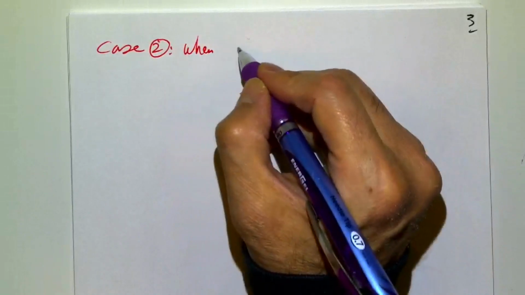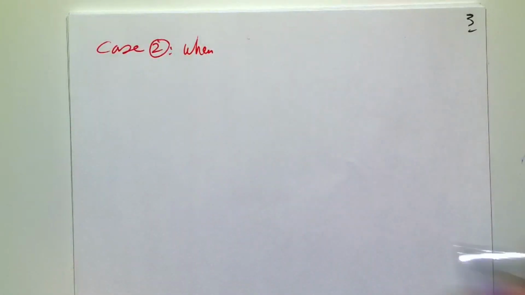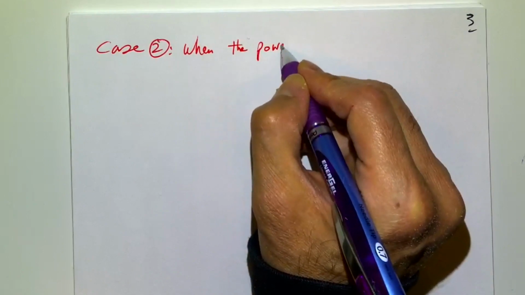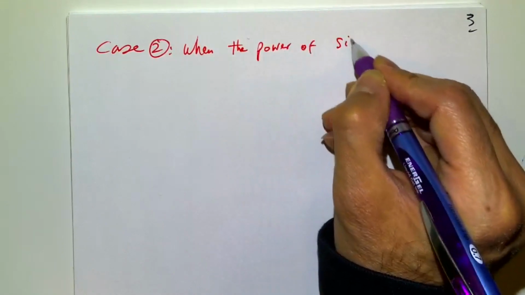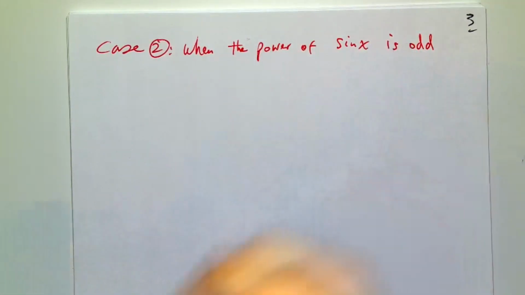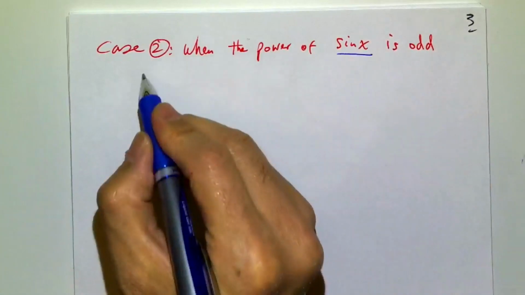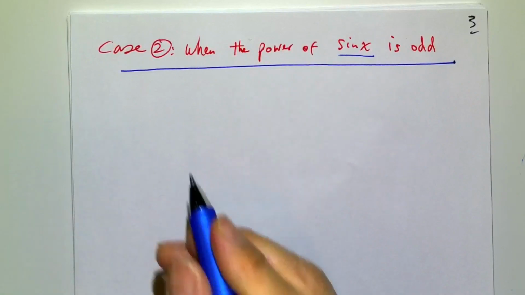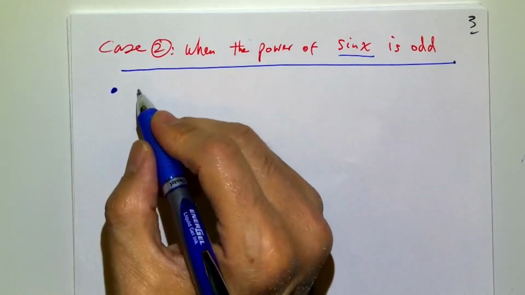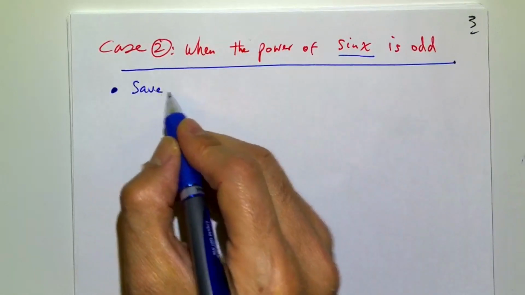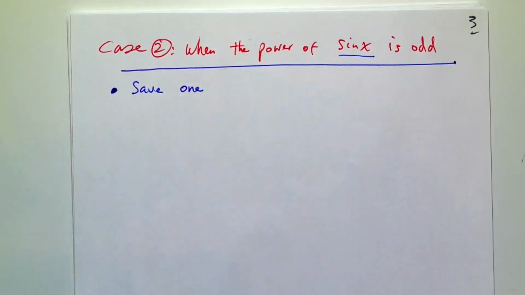is when the power of sine of x is odd. That was when the power of cosine of x was odd, right? So now when the power of sine of x is odd, in this case, we want to save one sine factor.